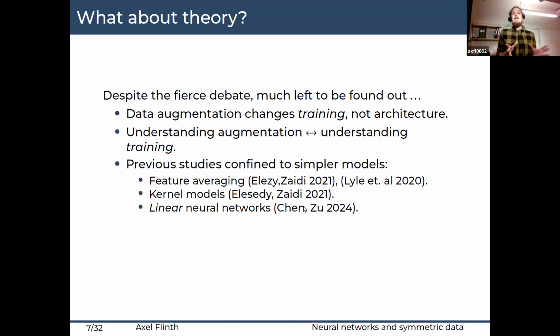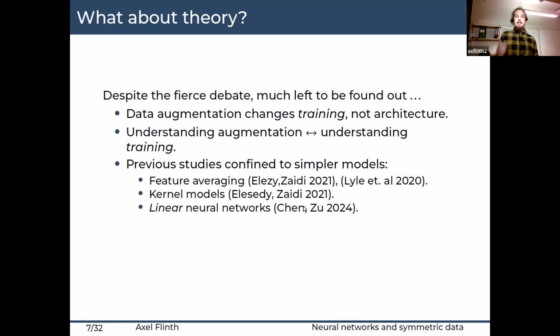And in all of these publications, there have been results shown that point to some kind of weak equivalence between augmenting the data and restricting the architecture to the equivariant. But the core of the issue is still there for bona fide neural networks.